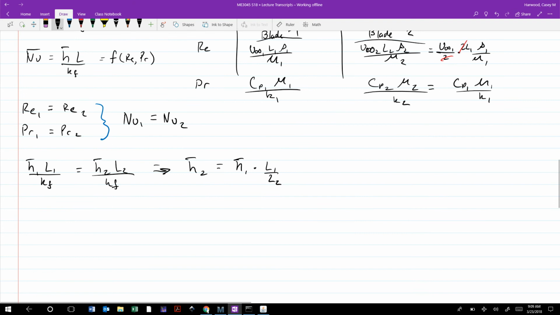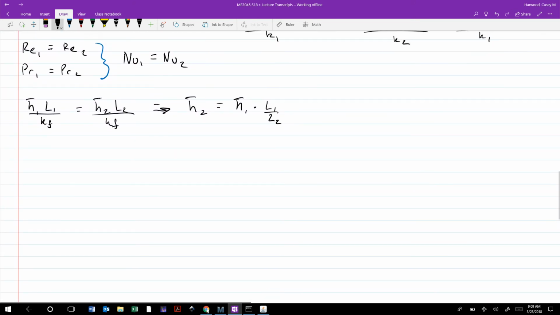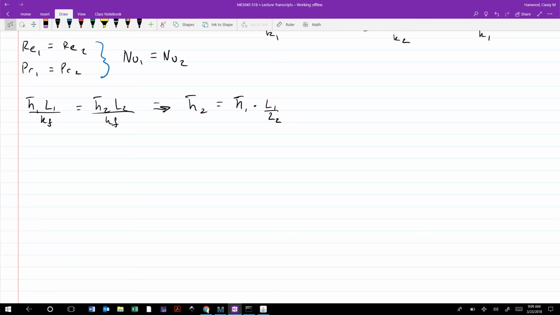Finally, we don't actually know what h bar 1 is. We know only how to write it in terms of one of our rate equations. So we know that for blade 1, Q1 is equal to 1500 watts. If we plug in Newton's law of cooling, that's equal to h bar 1 times A1 times TS1 minus T infinity.